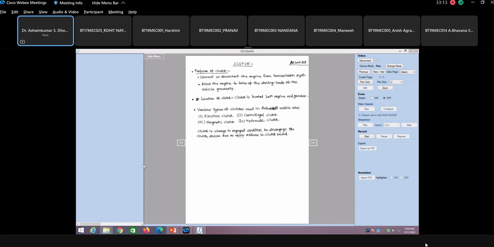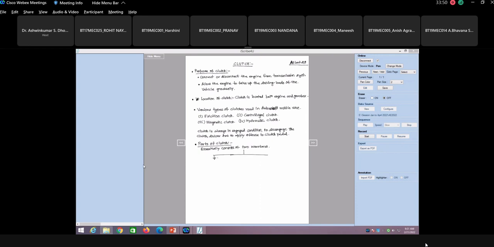So what are the essential parts of the clutch? Parts of clutch. So clutch essentially consists of two members.